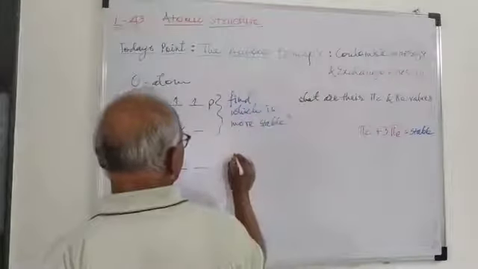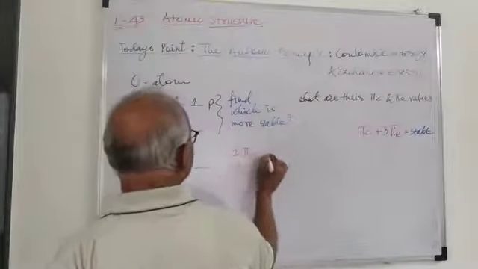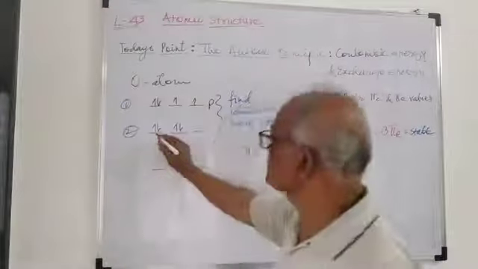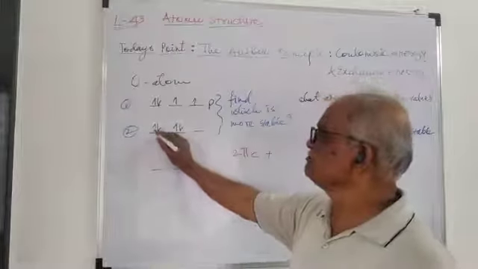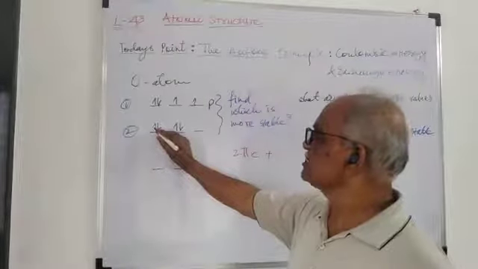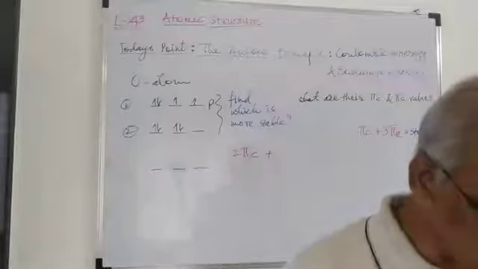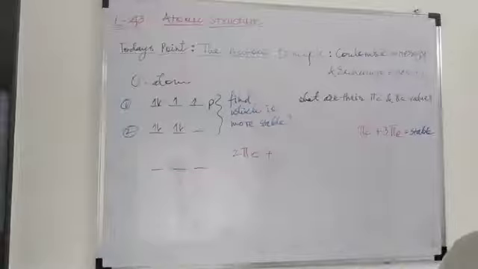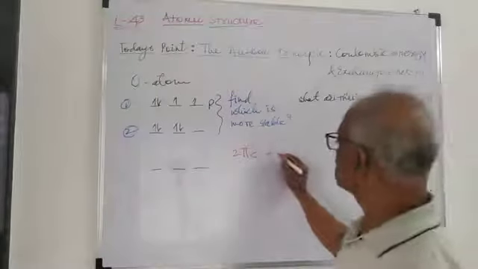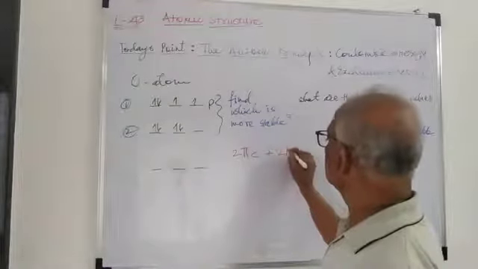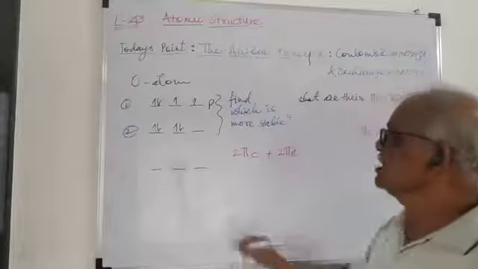So this shows 2 pi c values plus these 2 electrons, with +1/2 spin or -1/2 spin, can also undergo the exchanges. So there are 2 exchanges possible. So we have 2 pi e.